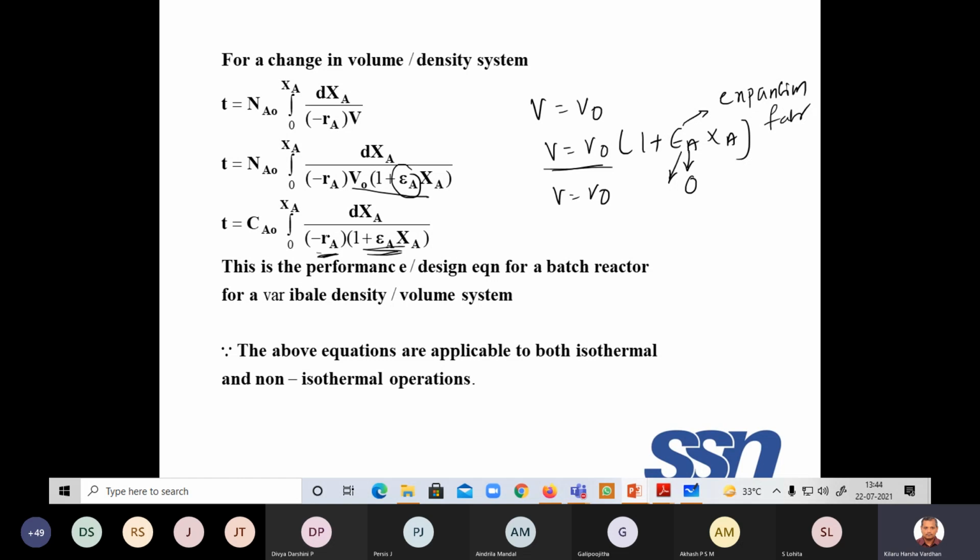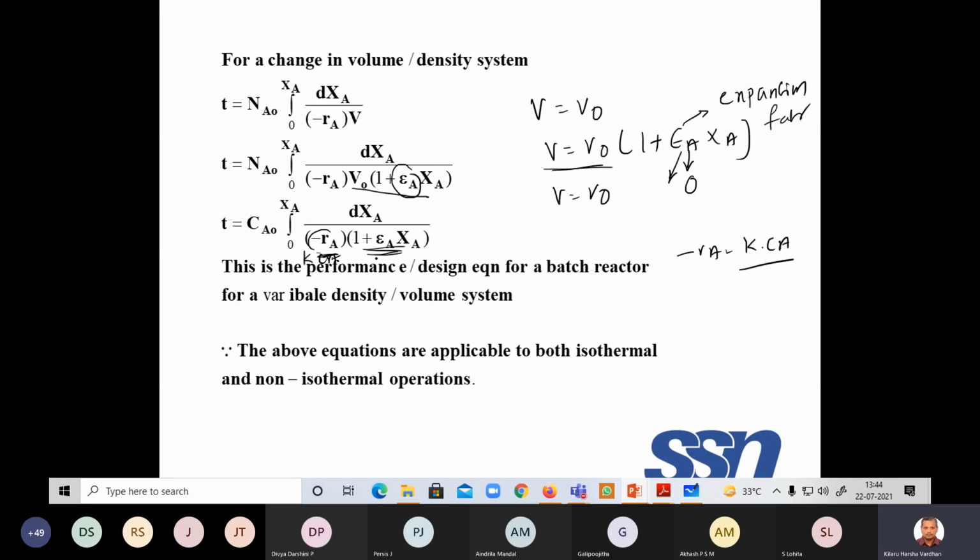Your life becomes simple because minus RA itself you can write as K into CA. So if in the integral you write K into CA, that is three terms in the integral, and you have to do integration by parts. Am I right? So even two terms itself is difficult. UV, U into differential of V, you know the integral of UV, right?